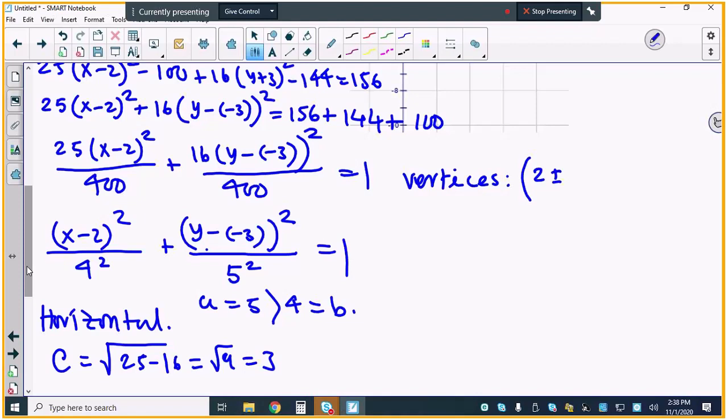Oh actually, the major axis is vertical, so you're not changing h, you're changing k. So 2 will be fixed, comma, k plus or minus a. So that's negative 3 plus or minus a, which is 5 units. So these vertices are 2, comma, negative 3 plus 5, which is positive 2, and negative 3 minus 5, which is negative 8.